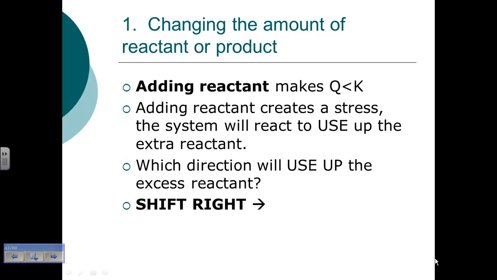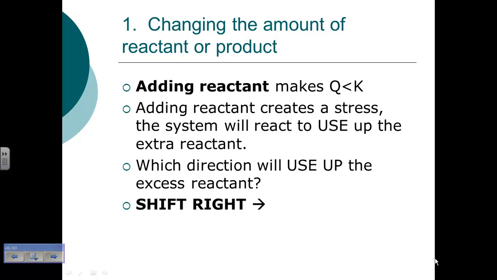What about adding reactant? If we increase the concentration of a reactant, the reaction quotient becomes smaller than the initial K constant. If you add reactant, the system wants to do the opposite. If you add more, the system wants to use up the excess amount and get it back to an equilibrium.